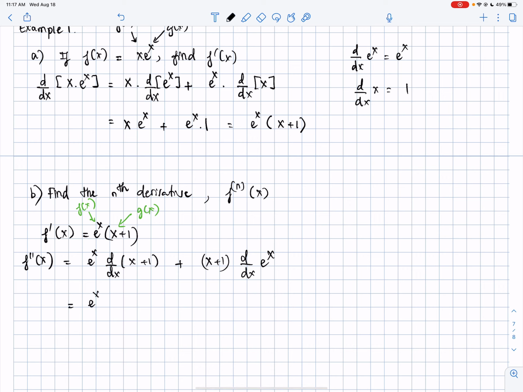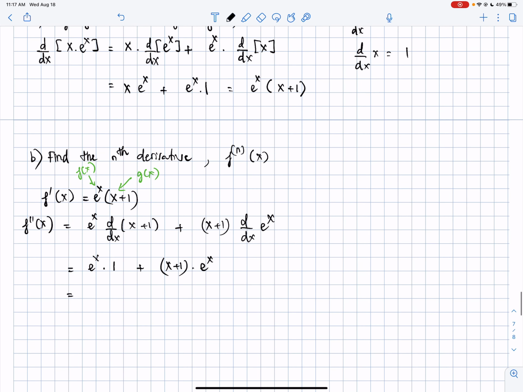So the first derivative of x plus 1 is 1, plus x plus 1 times the first derivative of e to the x, which is e to the x. Now simplify this a little bit, so we can factor out the e to the x, so we get 1 plus x plus 1. Simplify inside the parentheses, so we get x plus 2.